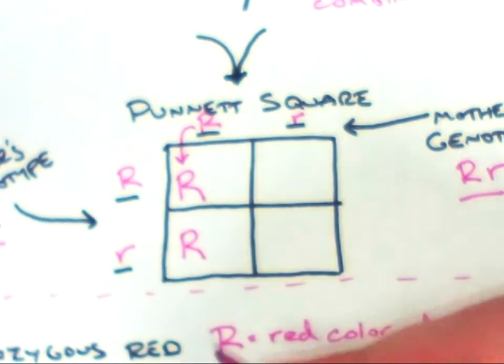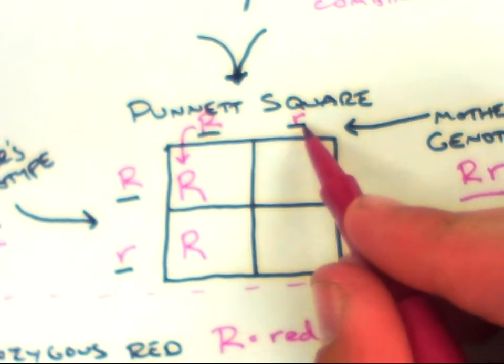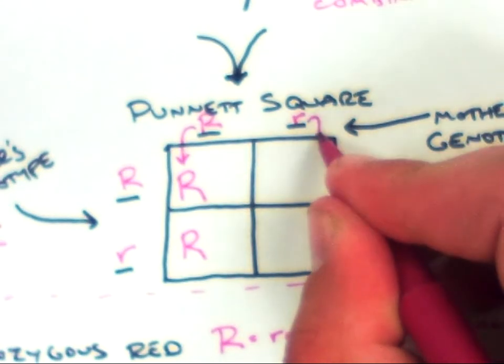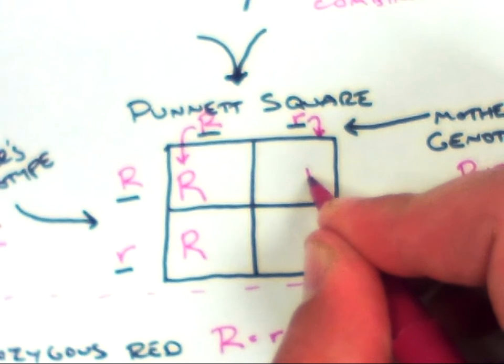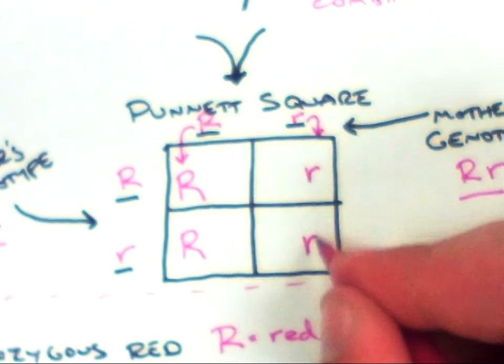It falls straight down. So then this lowercase r, where does it go? Straight down, just like the other one. And we always want our lowercase letters to be second, so I'm going to write it on the right side. So it goes straight down in the boxes below it.